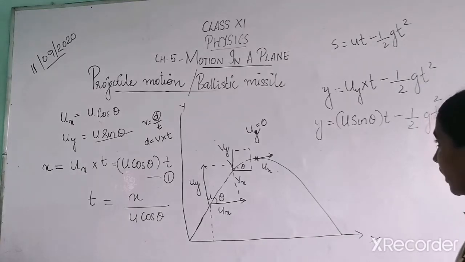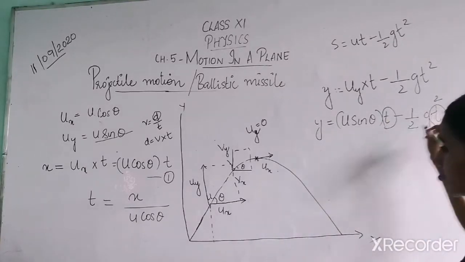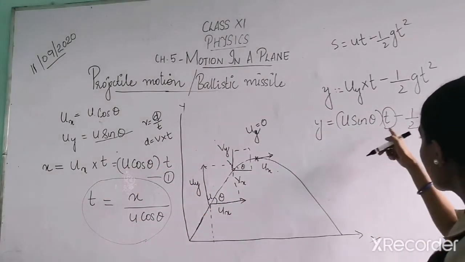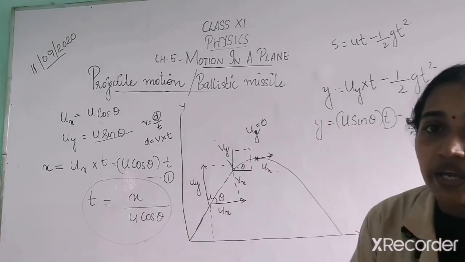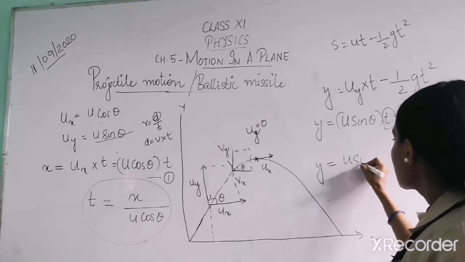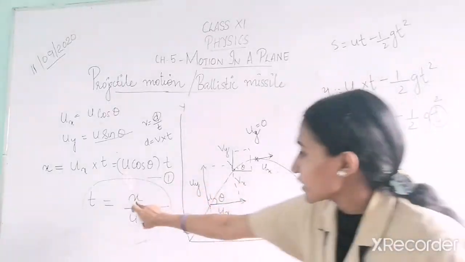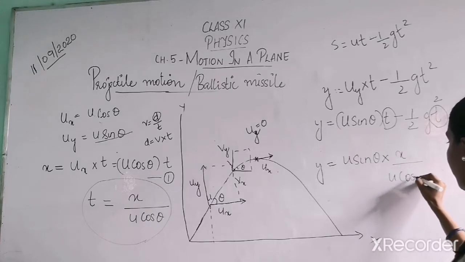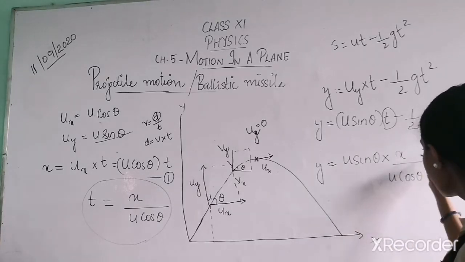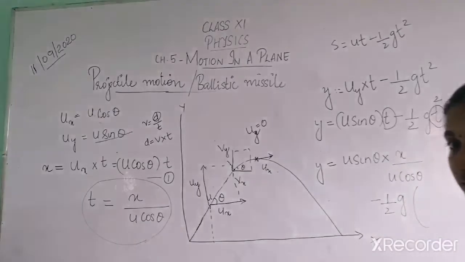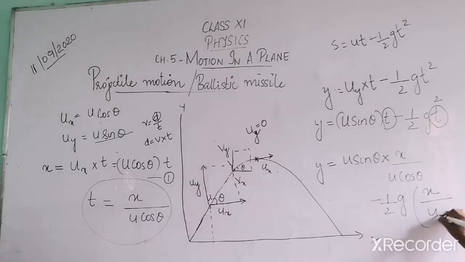Any doubt? Now see, you can replace this t with the equation you have already got for t. So y will be equal to u sin theta into, instead of t, x upon u cos theta, minus half g into, again instead of t square, x upon u cos theta the whole square.